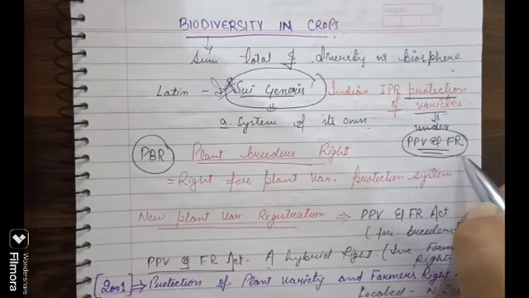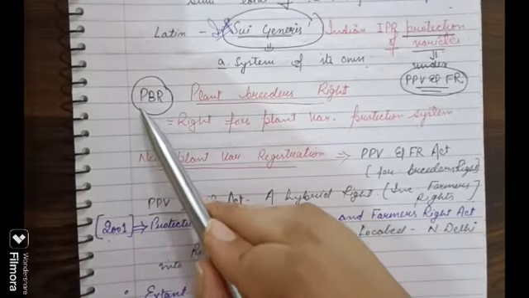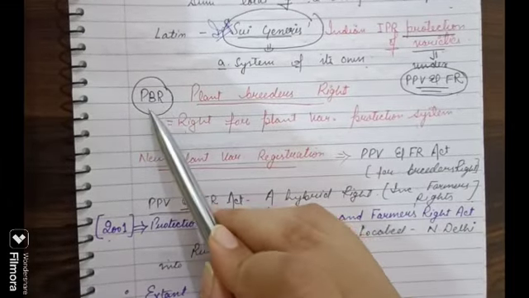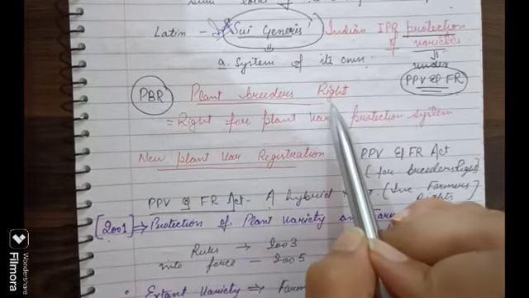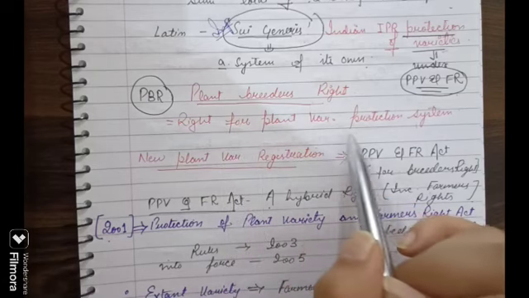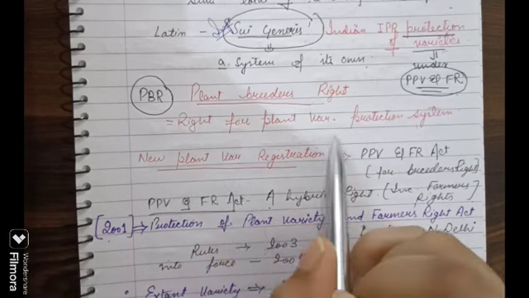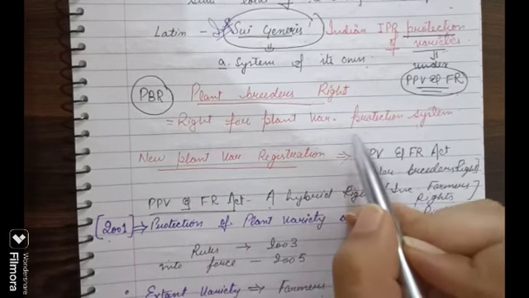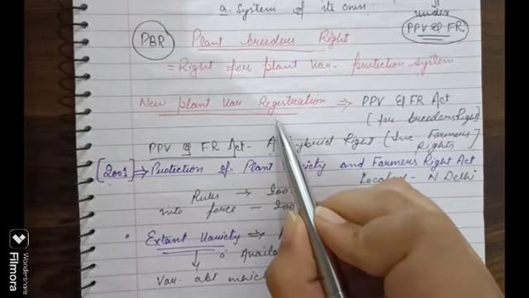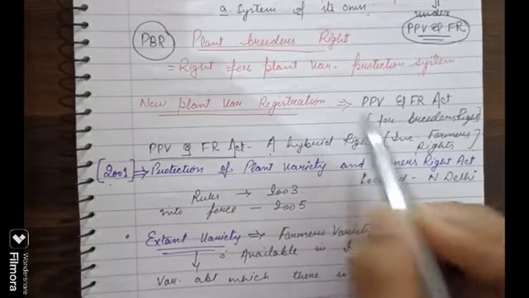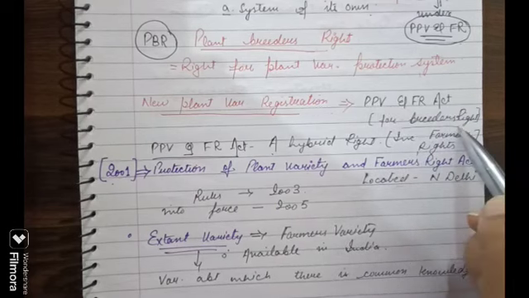What is the PPV and FR Act? I'll tell you in a while. PBR means plant breeders' right, the right for plant breeders, a plant variety protection system. New plant registration comes under the PPV and FR Act. It is for breeders' right.